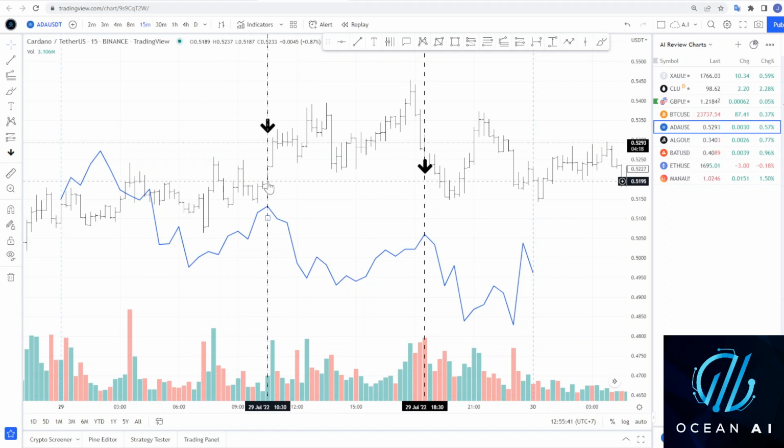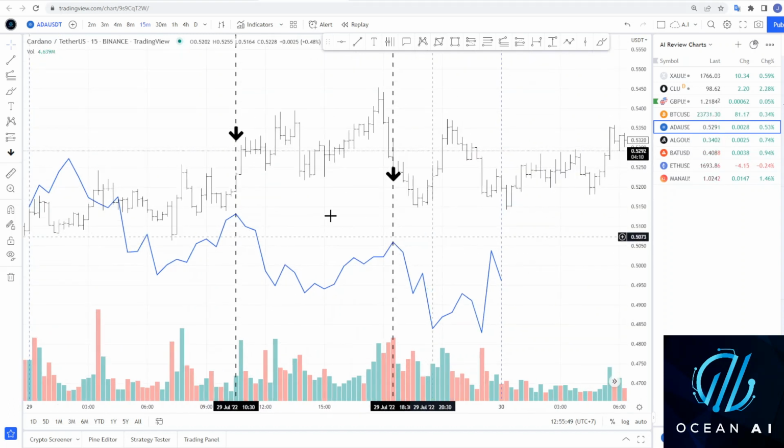So much like some of the other ones, the cryptos, this early one was sideways, so there was nothing to do with that one. And then the second one here, the timing was out as well. So we're expecting a high to come in at around 6:30, but actually come in around 5:45. So timing was out slightly on this one. And we were down here, so not really any pattern or anything to get into it. So that one didn't really work.